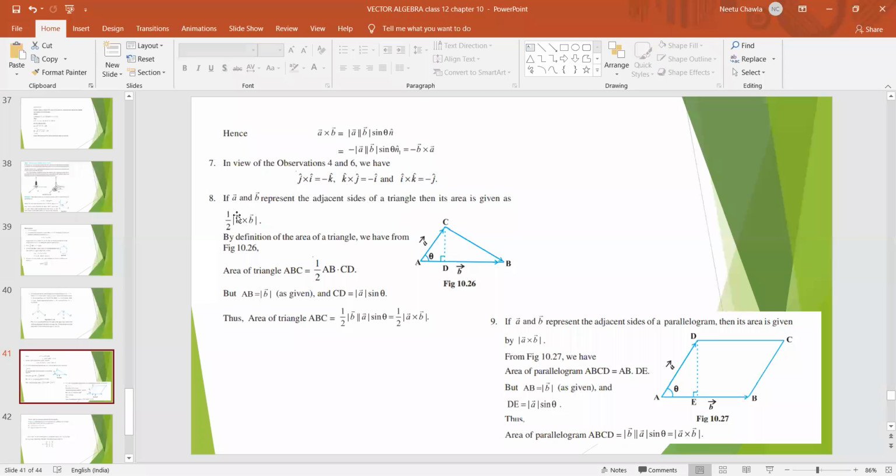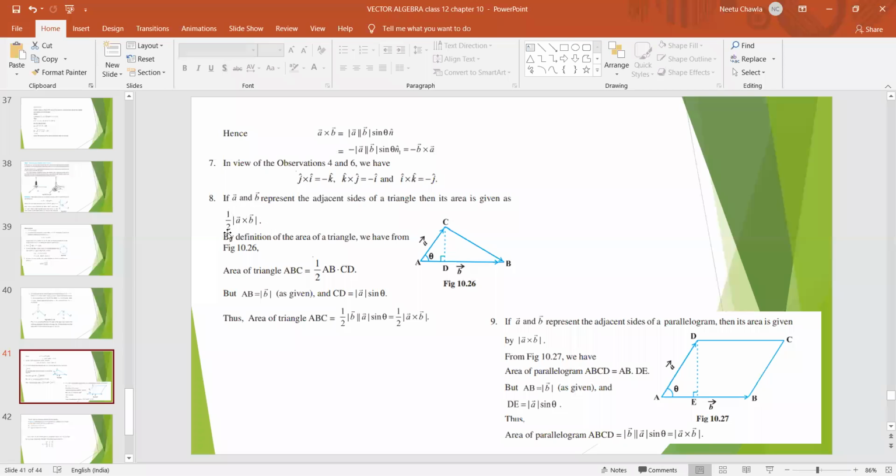What happens if A and B represent the adjacent sides of a triangle, then its area is given by, the question comes from here also, a 1 marker or 2 marker question easily can be made from here. If A and B represent the adjacent sides of a triangle, see this triangle, A vector and B vector are given as the sides of this triangle. And we have to find this area. We will find half of A vector cross B vector. बस हम इससे निकालेंगे.